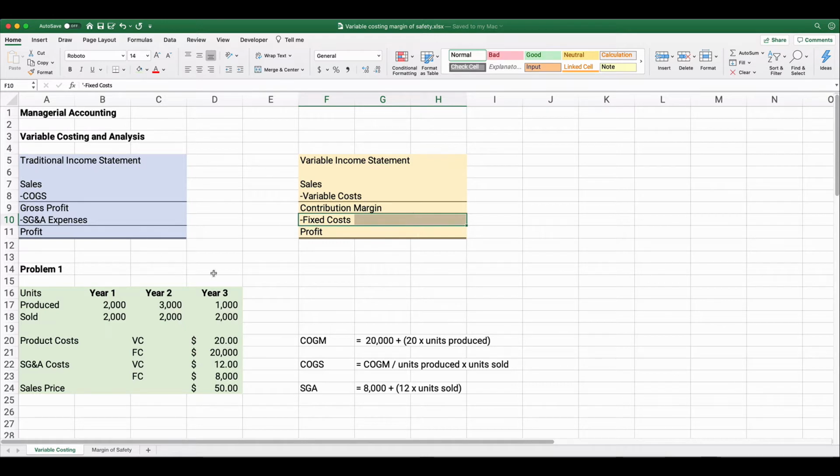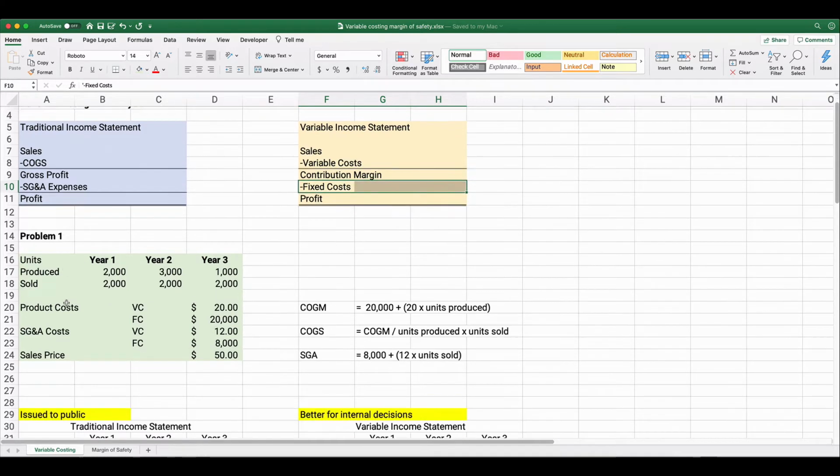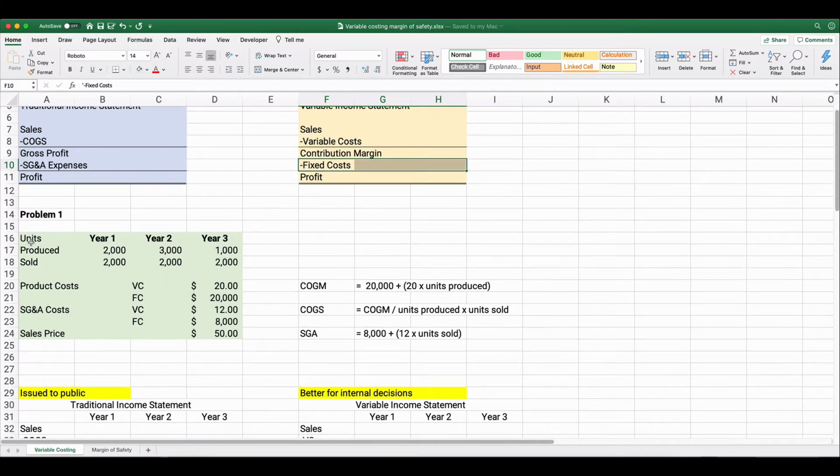Now we can show this. We're going to do both these income statements with two different problems. So let's set up what we know for problem one. Let's say we have year 1, 2, and 3, and let's say that we sold 2,000 every year.